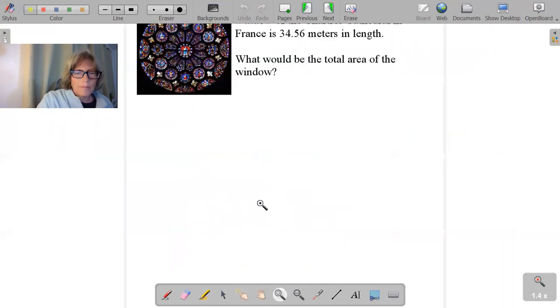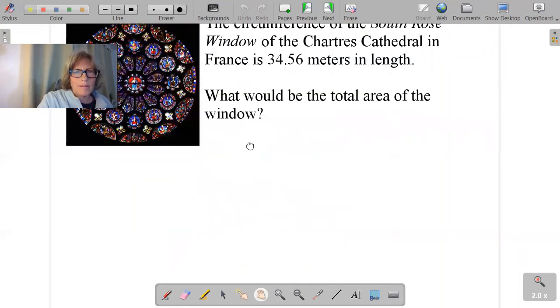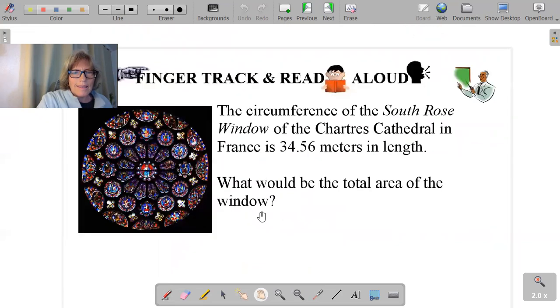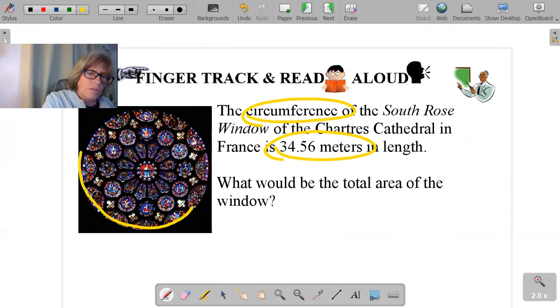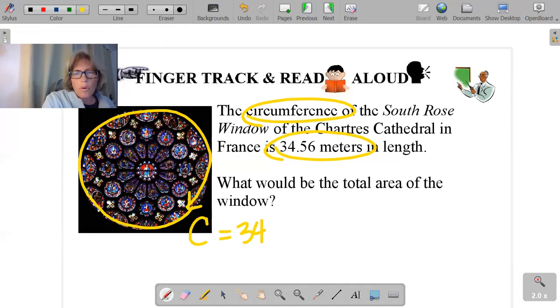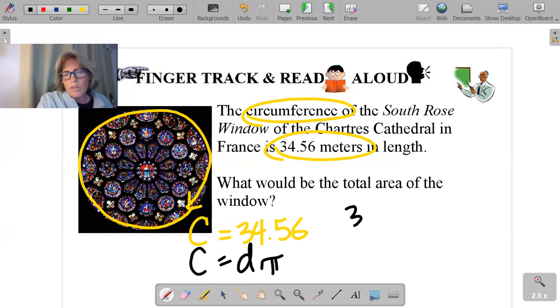This one. This is called the South Rose window of the Chartres Cathedral in France. And you are told the circumference, going around like this. C equals 34.56. Underneath, C equals d pi. So 34.56 equals diameter pi.